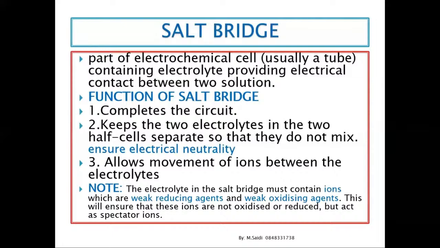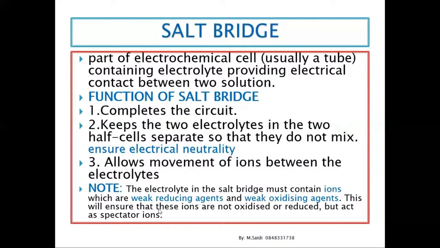Because if they take part in being oxidized and being reduced, then they are going to be used up, so the reaction will stop. So they must be very weak reducing agents and very weak oxidizing agents, so that they are suppressed by the other ones.